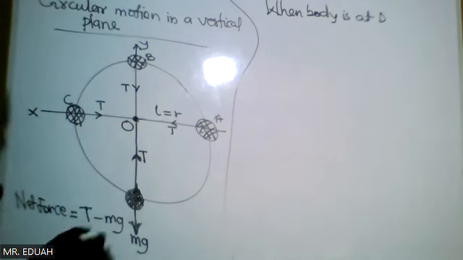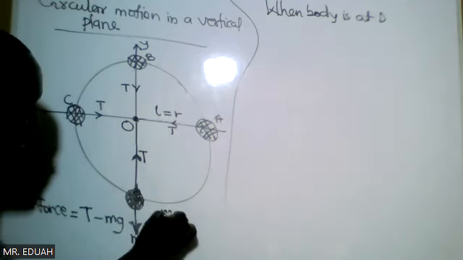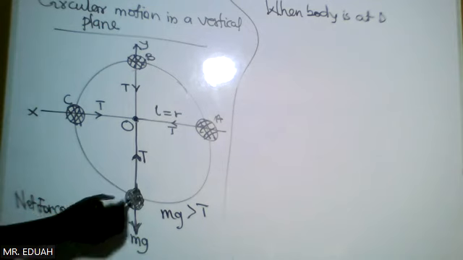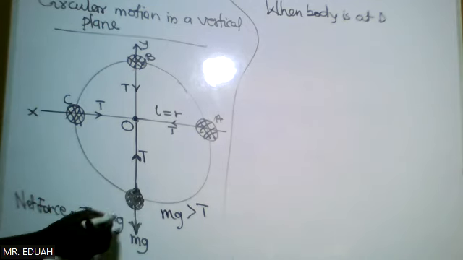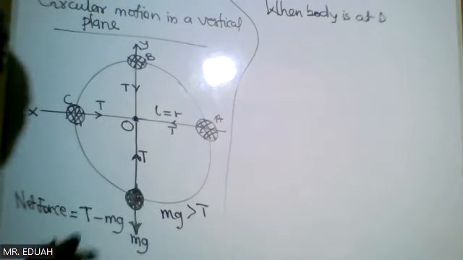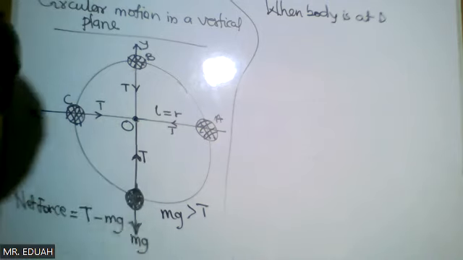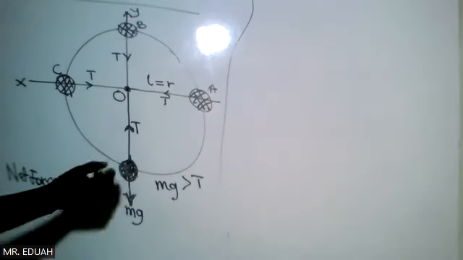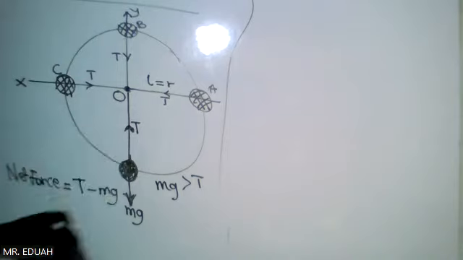The reason is that if mg is greater than T, it is like having a rope and tying a weight that is greater than the tension within the string. The rope will just break and drop because the weight mg is greater than the tension.